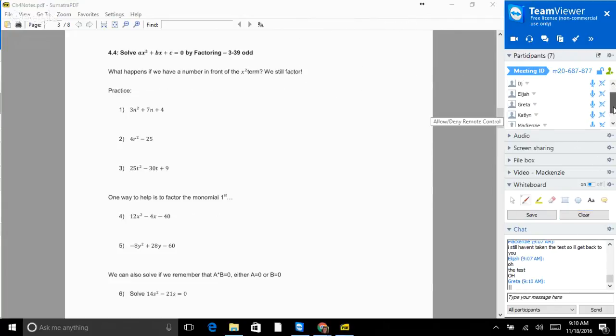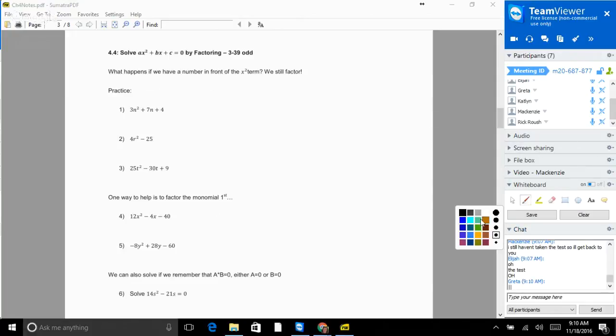All right, so let's practice with a different color here. Let's practice with this first one. We have 3n squared plus 7n plus 4. This whiteboard is not my friend today.